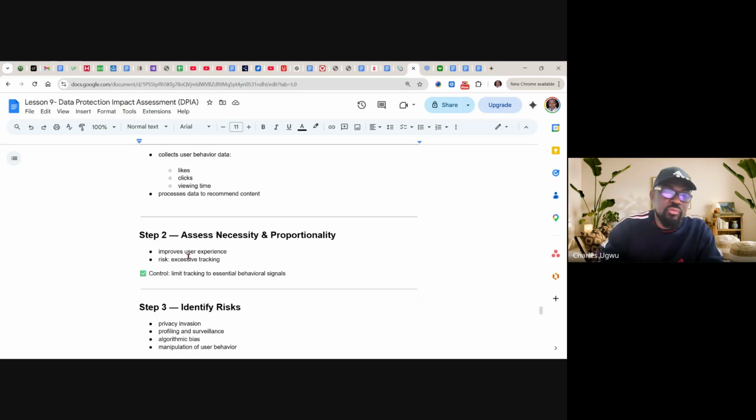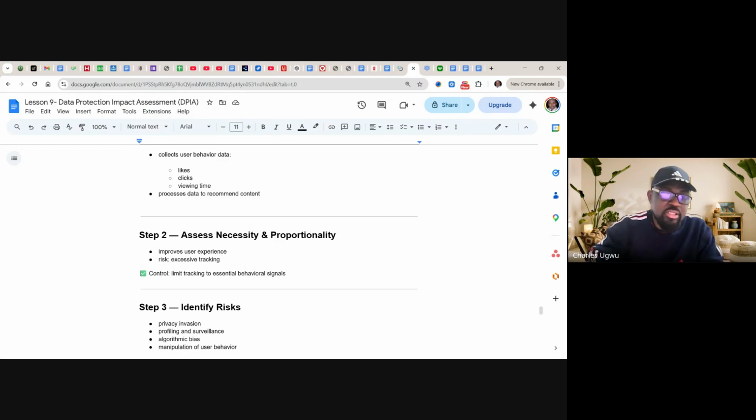Yes, improving user experience is necessary. The risk is excessive tracking. The control here is to limit tracking to essential behavioral signals.